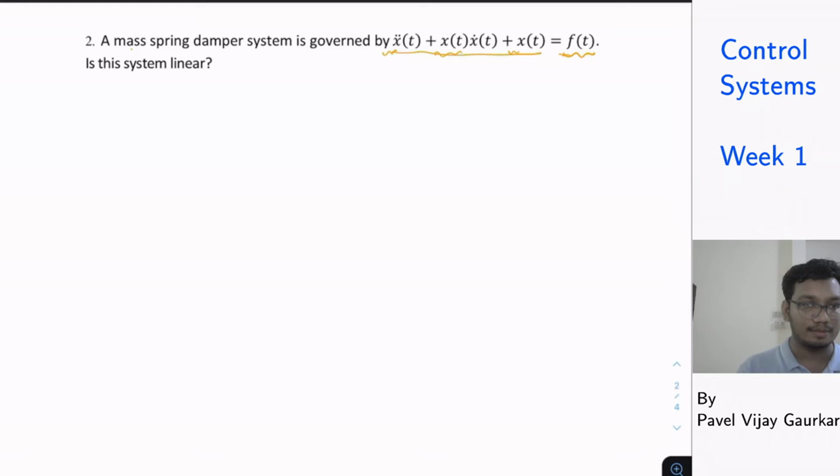So let's write it this way. I am just replacing x by c into x.